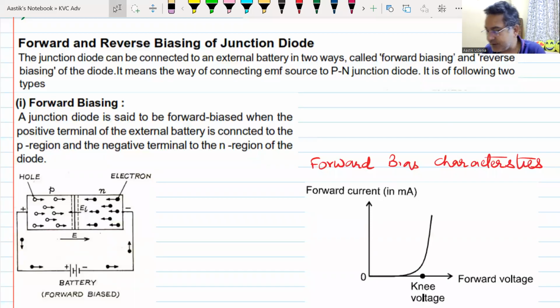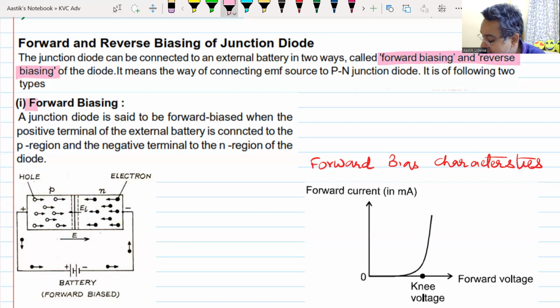As I said before, if you have a PN junction diode which is not connected to anything or is isolated, we call it unbiased. But if you connect it to a battery, we call it biased. There are two types of biasing that can be done: forward biasing and reverse biasing.